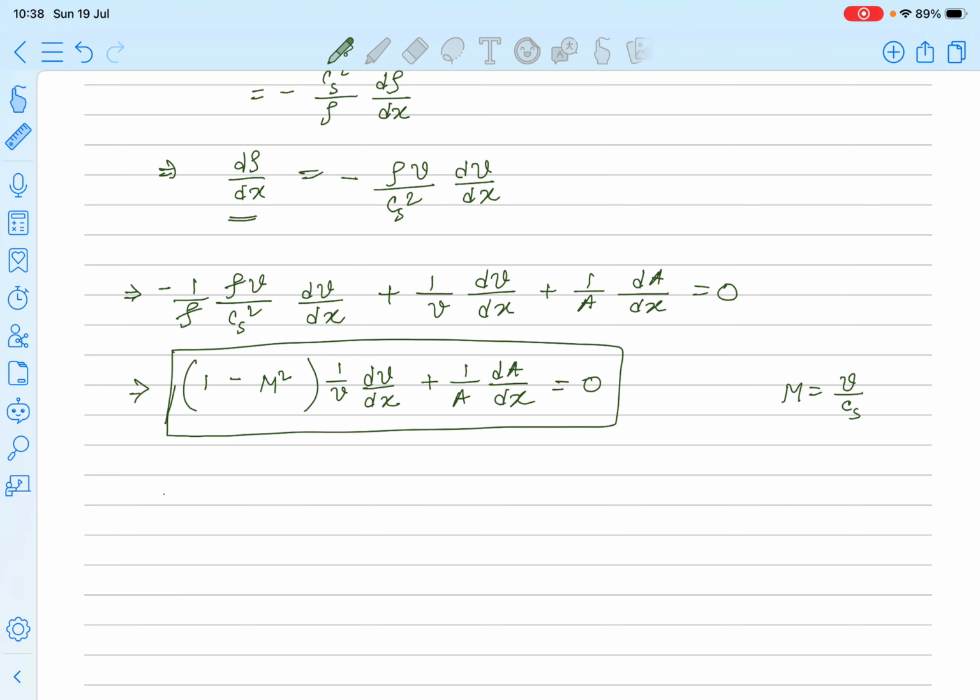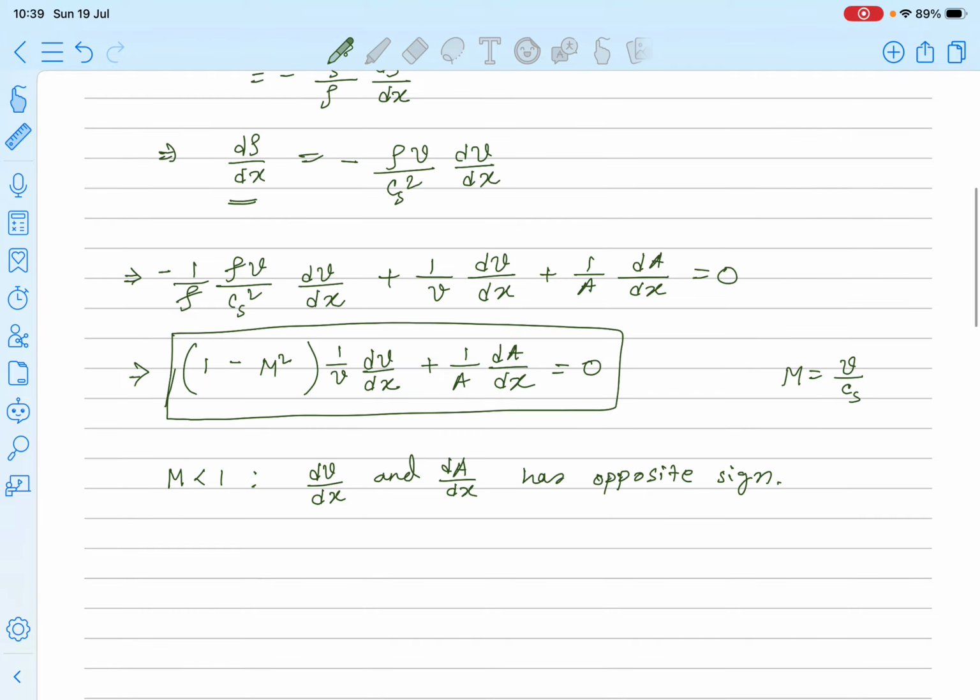First, if the flow is subsonic, M less than 1. Subsonic speed means the speed is less than the speed of sound. So if M is less than 1, this part is positive. So you can see dV/dx and dA/dx have opposite sign.